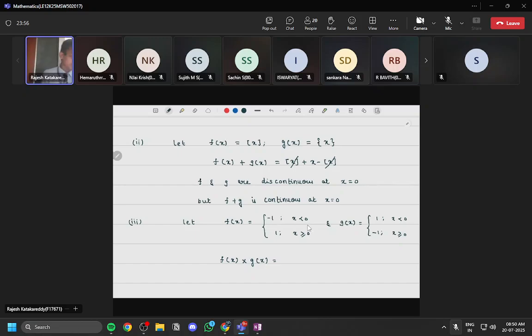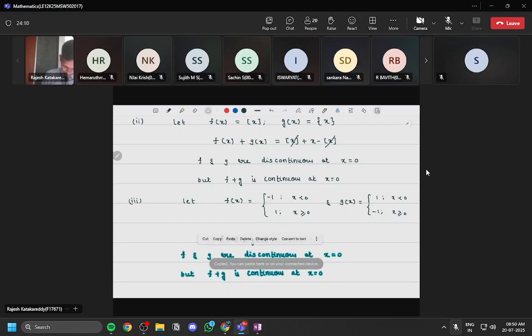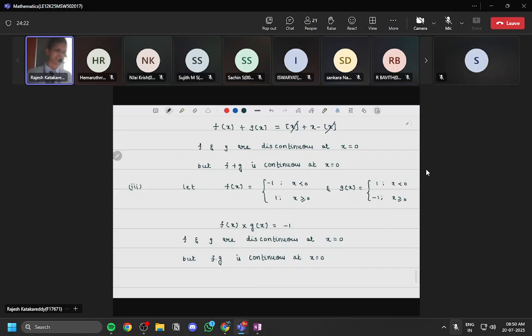Minus 1 only we will get, not 1 and minus 1. This will be minus 1. Again, notice that f and g are discontinuous, but the product is continuous. Clear? Any doubts in this?